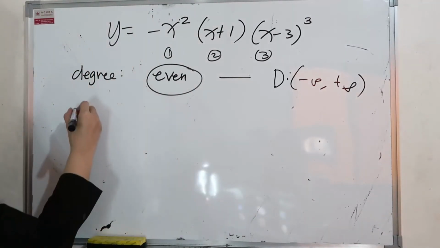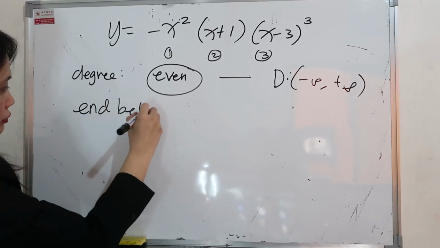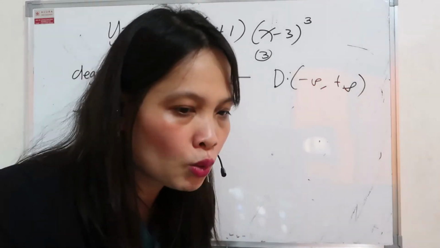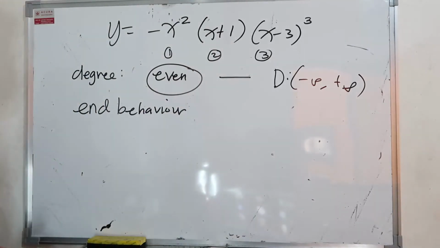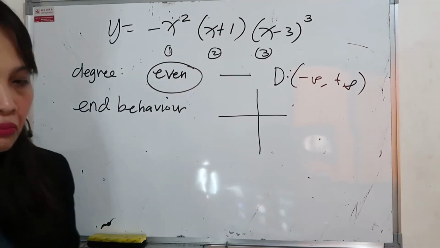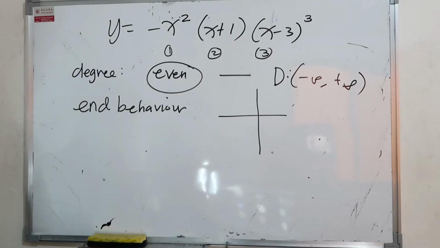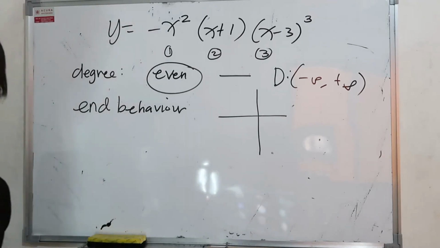Now, next, what is your end behavior? The graph looks like what? Both ends up or both ends down? Okay. So, what's the starting point?